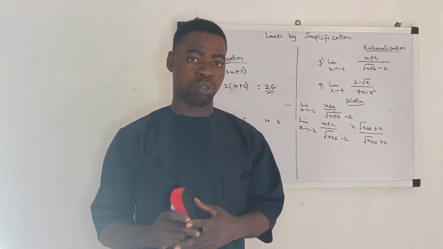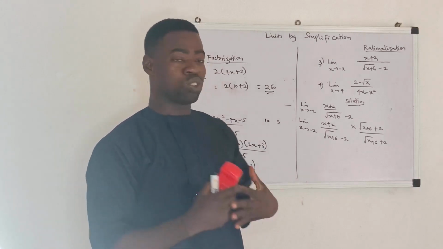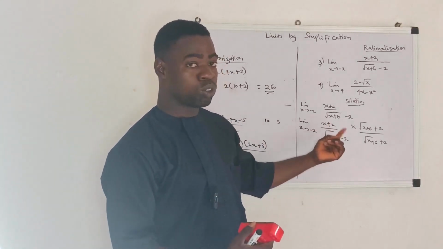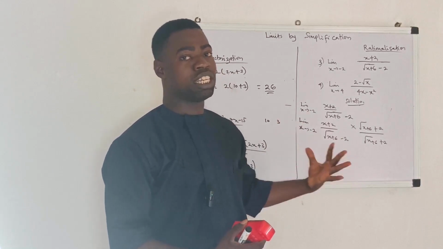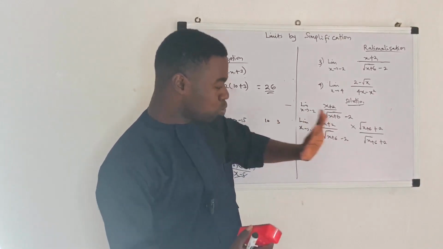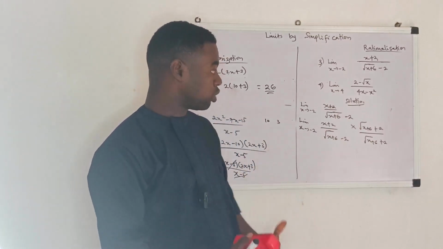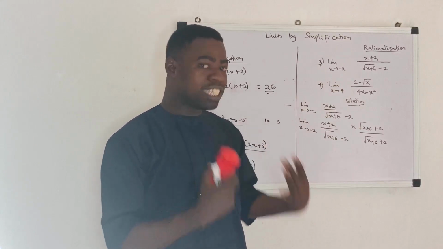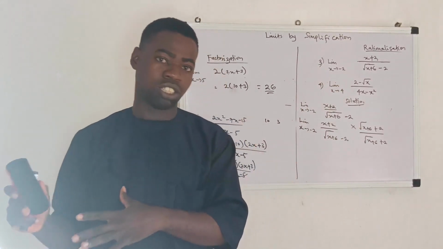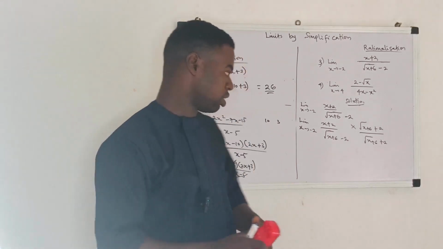Of course, what made us rationalize here is the denominator. So here we have to take the product of the denominator. Do not take the product of the numerator. If you're rationalizing the numerator, then take the product of what actually caused the rationalization in the first place, right?